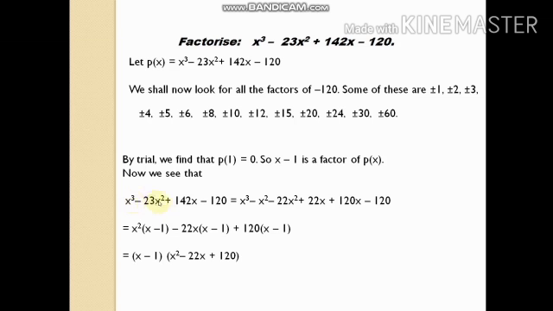So x cube minus 23x square plus 142x minus 120 can be written as x cube minus x square minus 22x square. When you add this, you will get minus 23x square, plus 22x plus 120x. When you add these two terms, you will get plus 142x, and the last term is as it is.